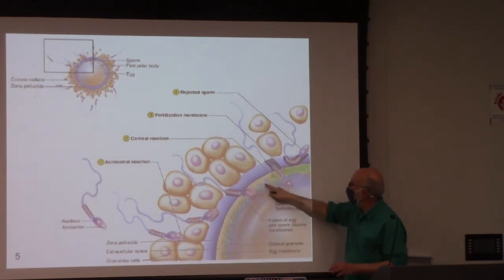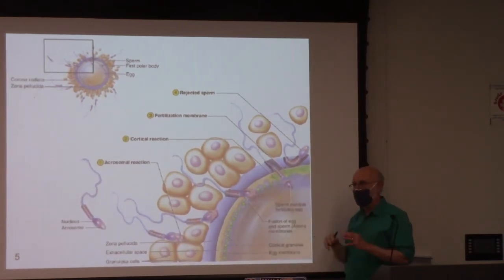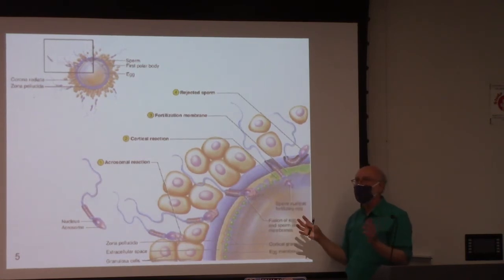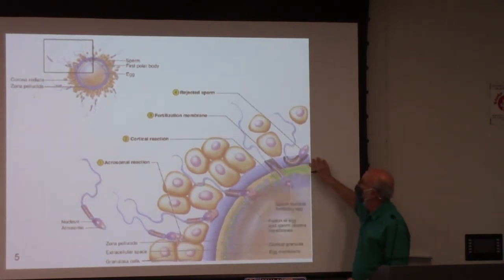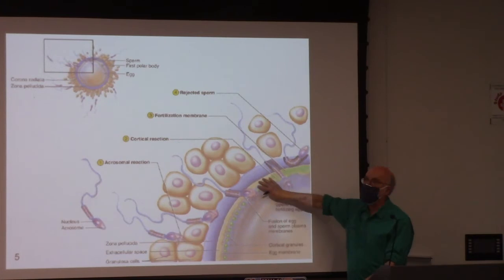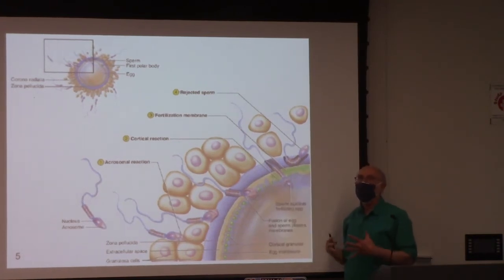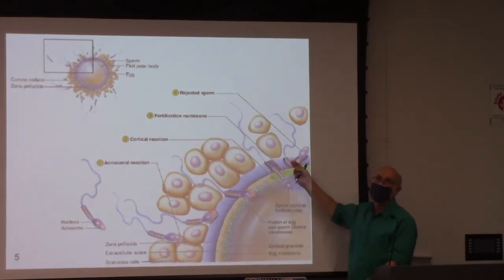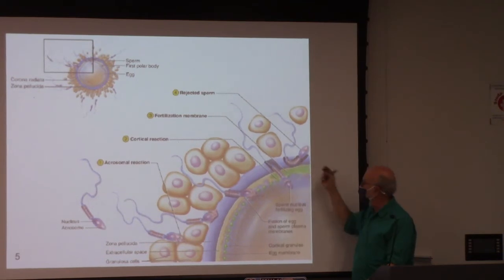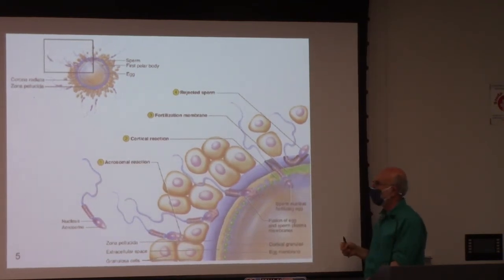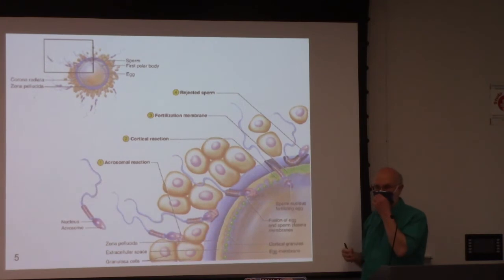And then those others nearby release, and they trigger the release of others nearby. That's the wave. And so the entire zona pellucida and extracellular space changes in properties and becomes impenetrable. And so that blocks polyspermy. Polyspermy is the fancy name for fertilization by more than one sperm.